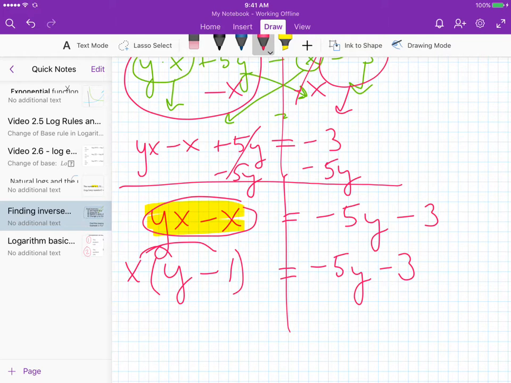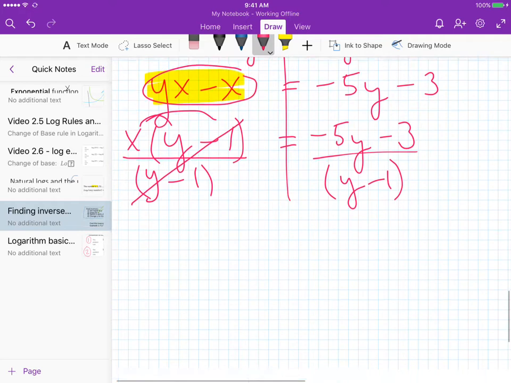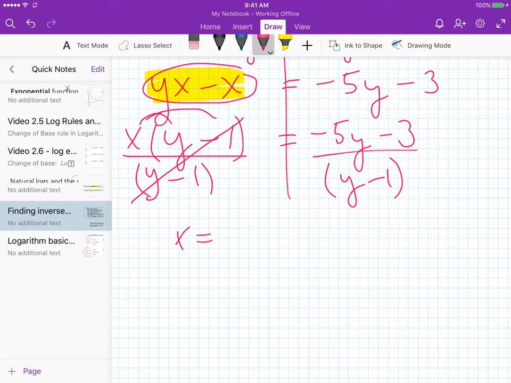So now I can just divide this part away. Divide the y minus 1 away on both sides. y minus 1 over y minus 1 cancels. So now I have x by itself is equal to negative 5y minus 3, all divided by y minus 1.